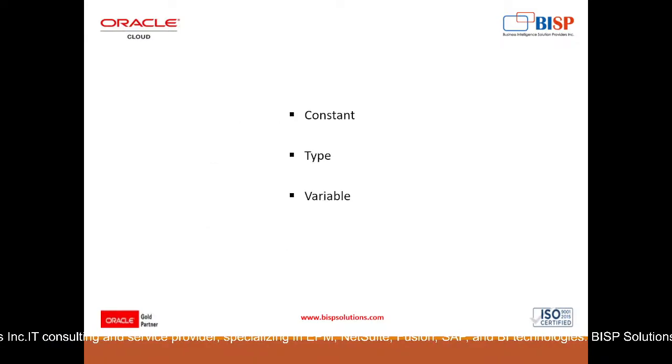Let's see what constants are. You can use constants to include specific fixed dates and times in workbooks and reports. So what are the types of constants? The first is date, second is time, and the third is timestamp.